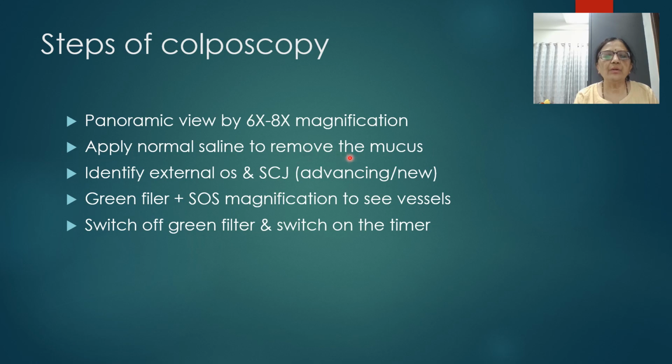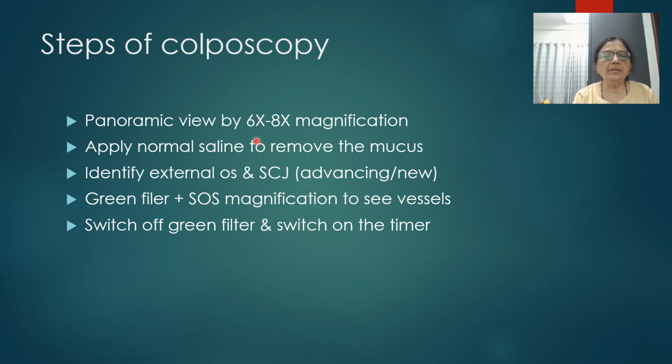Usually the squamocolumnar junction is visible. We should identify the external os and squamocolumnar junction. Hence onwards, whenever I comment about the squamocolumnar junction, it is always about the advancing or new squamocolumnar junction, which is near the external os.